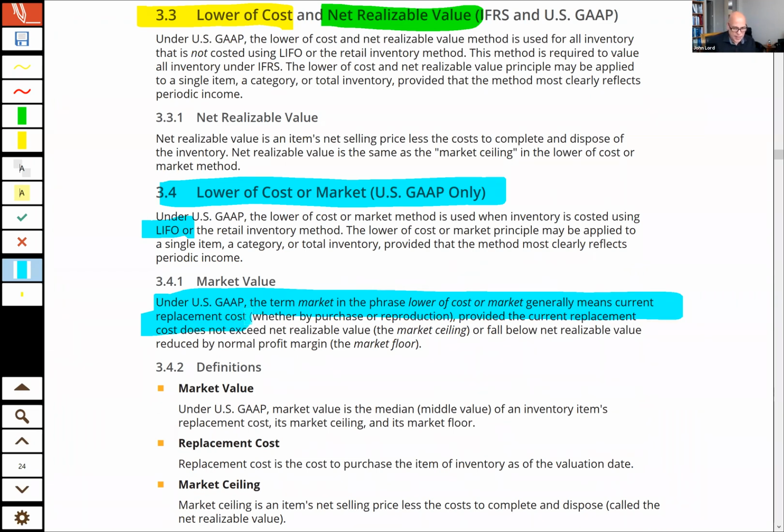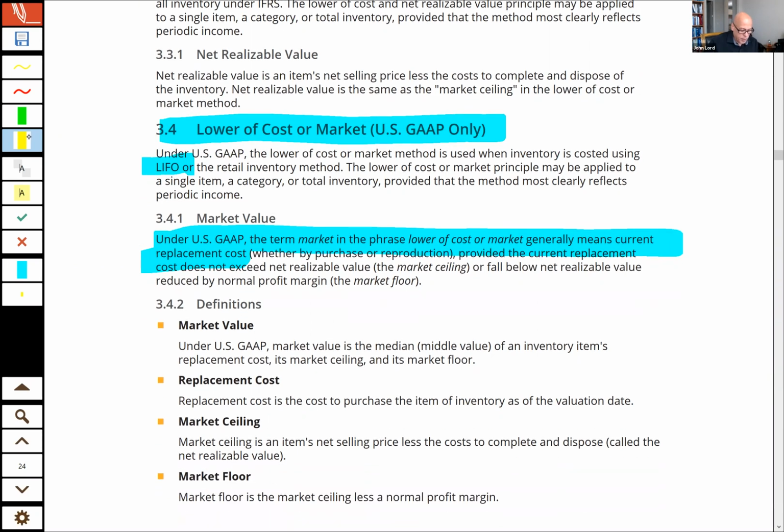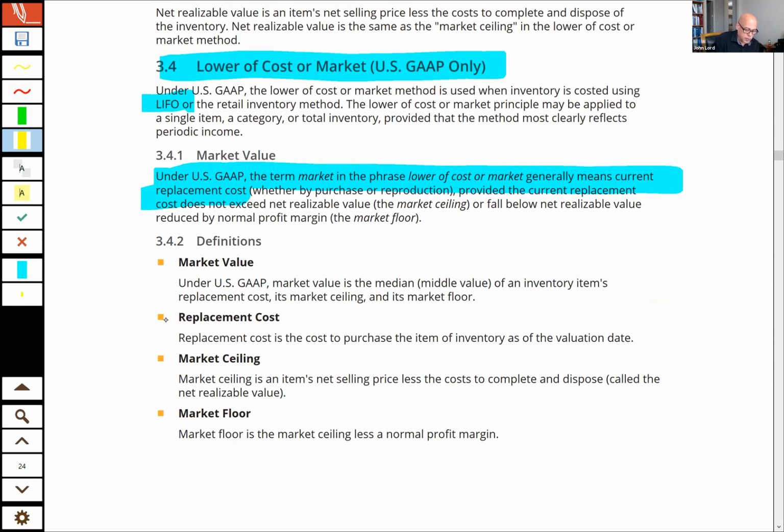Unfortunately, it's not that simple for the US GAAP method, if you're using LIFO, because you have to look at that market value against that potential replacement cost. And that market value is going to be the middle of three values. It's either going to be the replacement cost, or the market ceiling, or the market floor.